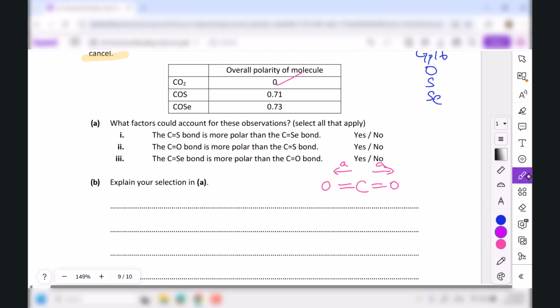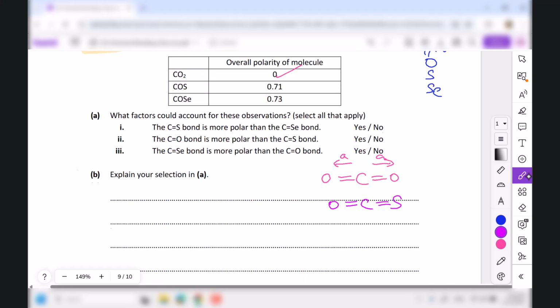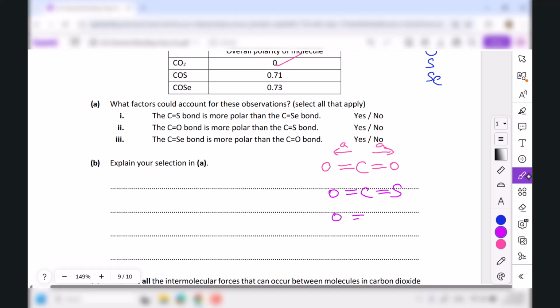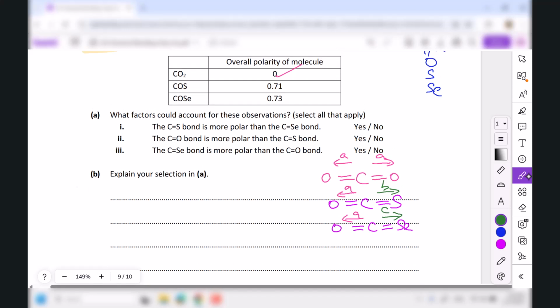Okay, then we try to draw COS. So C double bond O double bond S. Okay, as well as COSe. Okay, so we're going to fix the A here. Okay, then for the other two, I'm just going to call it B, and I'm just going to call it C. Right, so for COS, obviously the value of A is greater than B because there exists an overall polarity of 0.71.